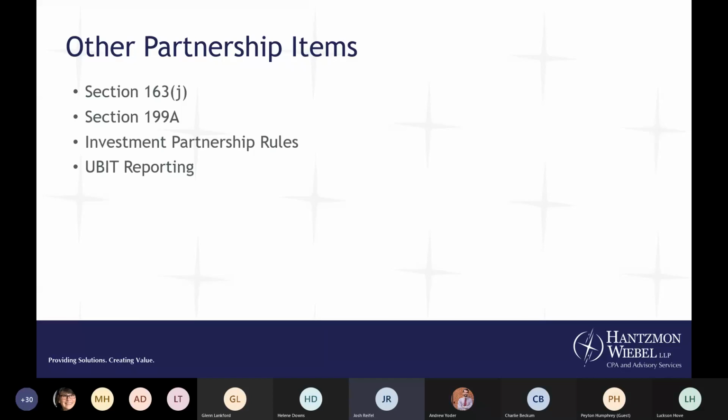And there are a number of different things that flow through a partnership that can potentially affect the deduction, such as obviously the net business gain or loss, and any self-employed health insurance. Like I said this morning, that needs to be deducted from the business income as well to get to the deduction.